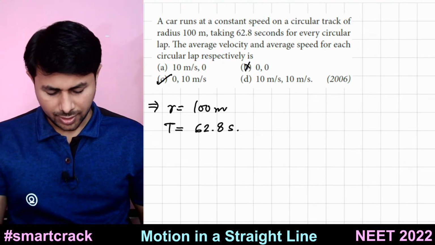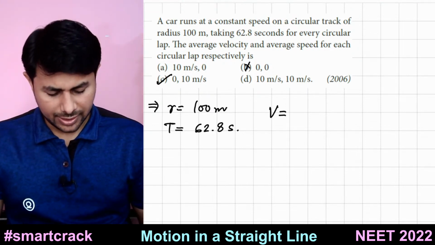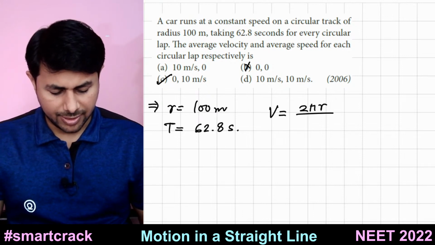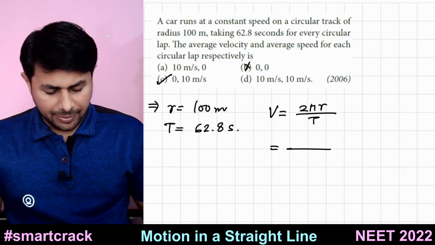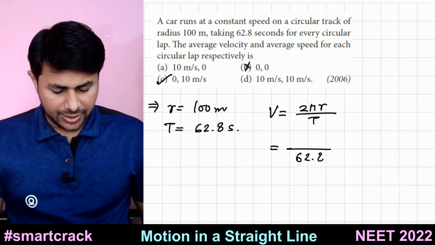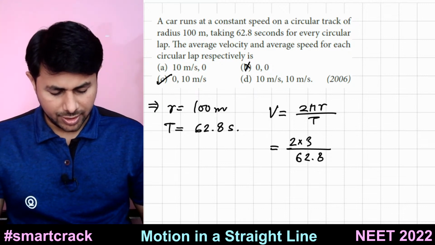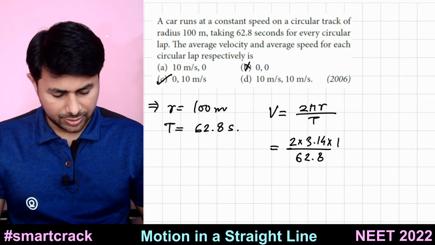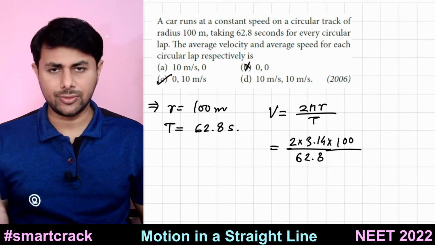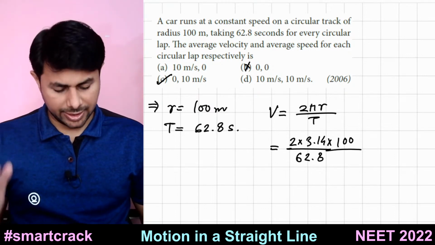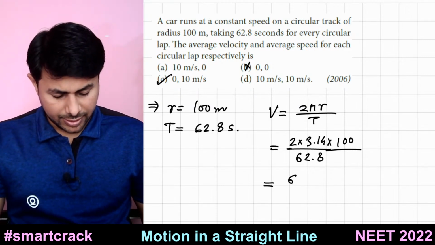So what is average speed in circular motion? It is 2 pi r divided by t. The time period is given, it is 62.8, and we can write pi equals 3.14, r equals 100. So 3.14 times 2 will be 6.28. 6.28 multiplied by 100 will be 628.